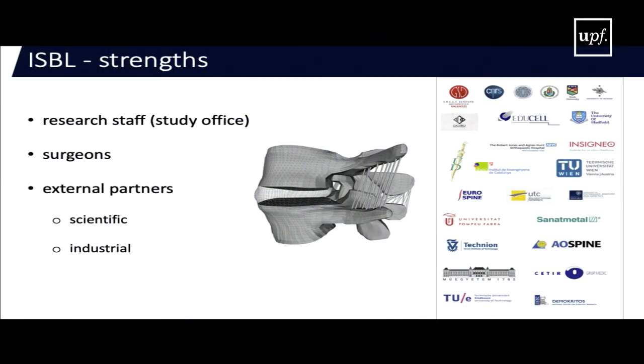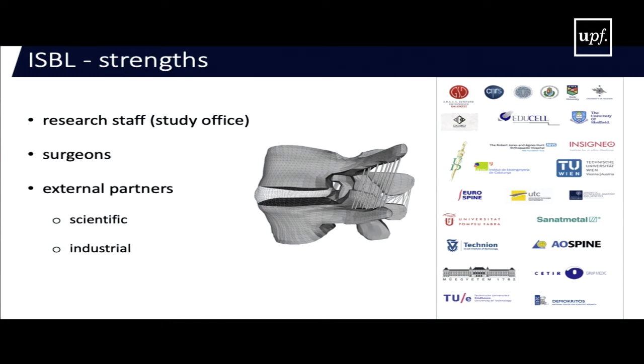And we also have about 20 spine surgeons in the hospital, and we can get from them not only the data, but also some important questions, some important fields of further study.